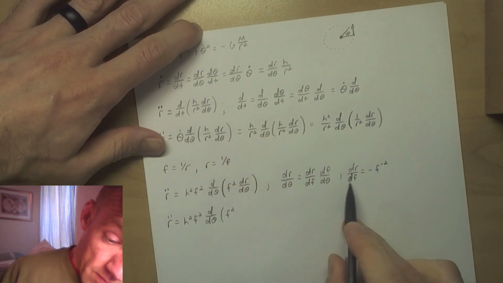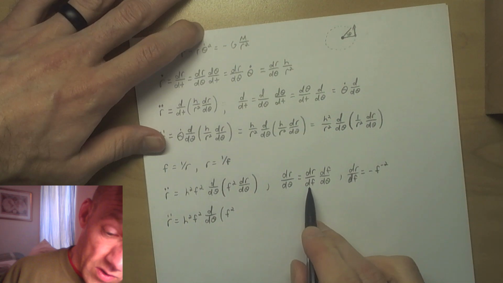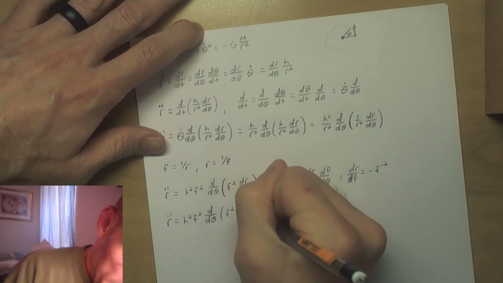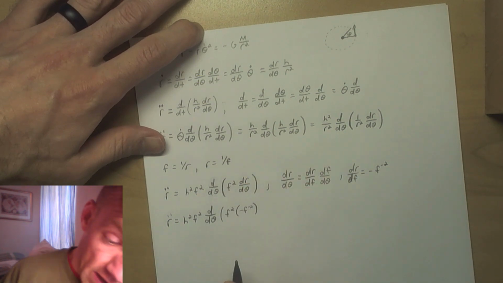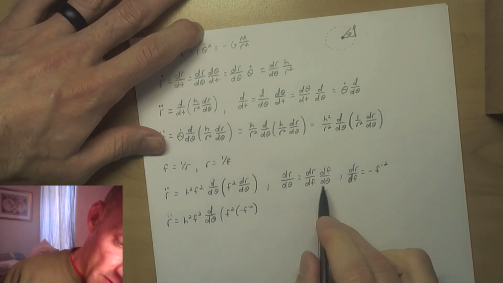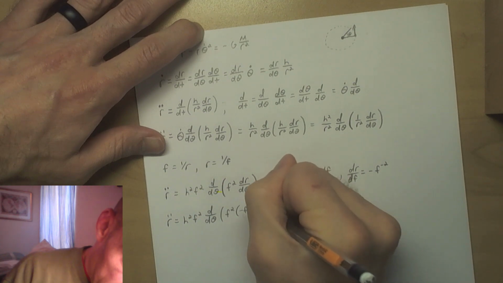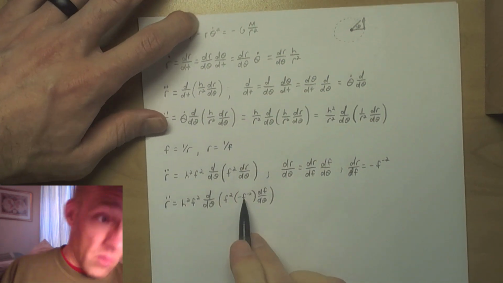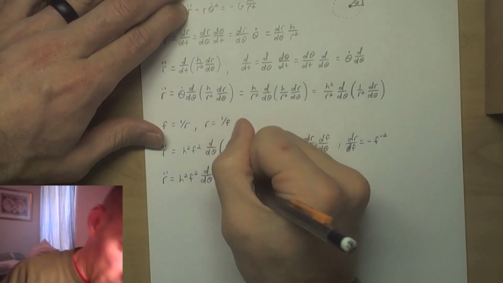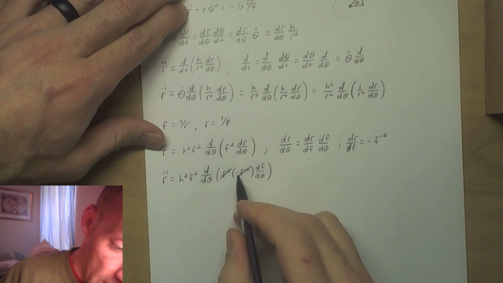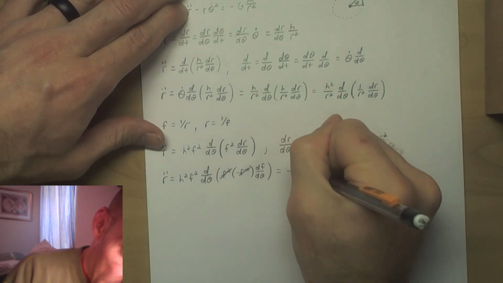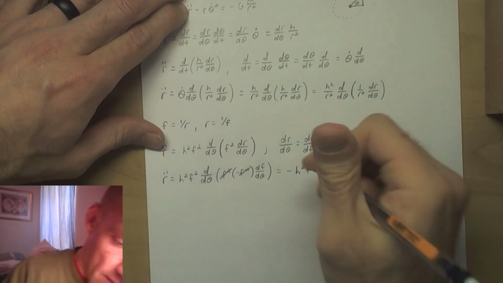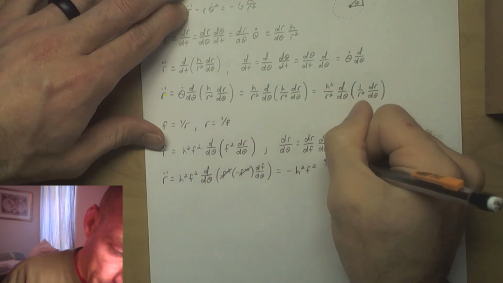So dr d theta is equal to dr df, which is negative f to the negative 2, times df d theta. You can see a cancellation there: f to the negative 2 cancels with that, leaves the negative 1 behind, so that's negative h squared f squared, and there's nothing left except the second derivative with respect to f.